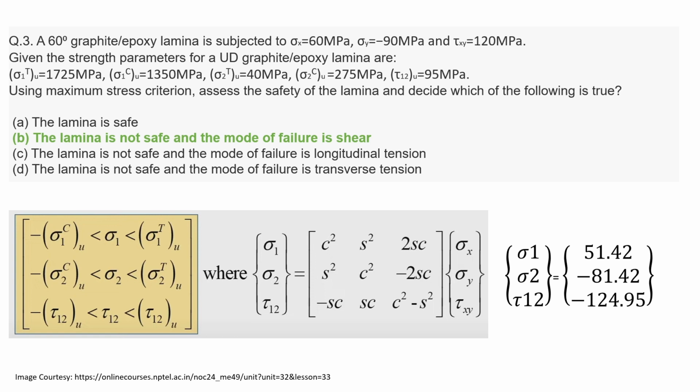So minus 81.42 is greater than minus 275 megapascal, so this value is also within the range. And the third one is the shear stress. For the shear stress, we take the range minus 95 to positive 95. Now this value is even lesser than minus 95, so this is the point where there will be failure. So option B is the answer: the lamina is not safe and the mode of failure is shear.